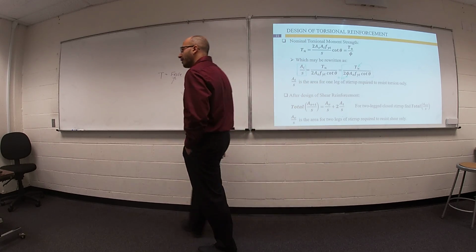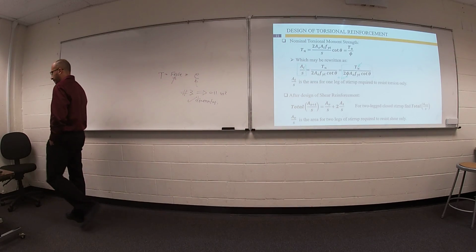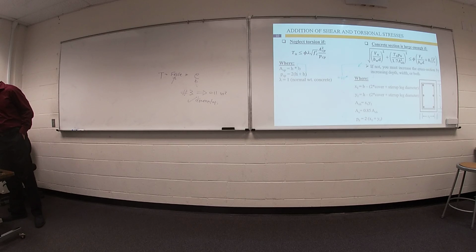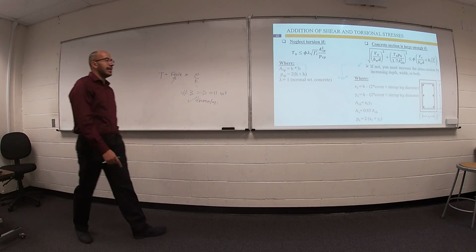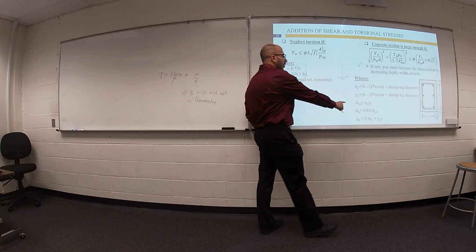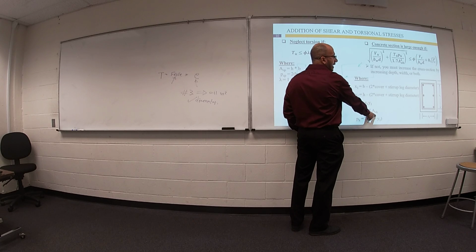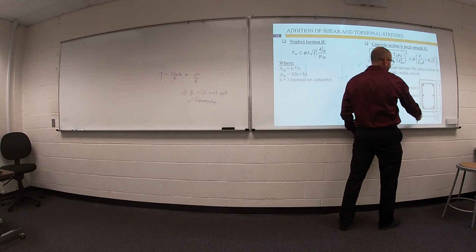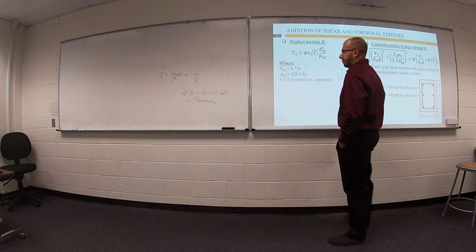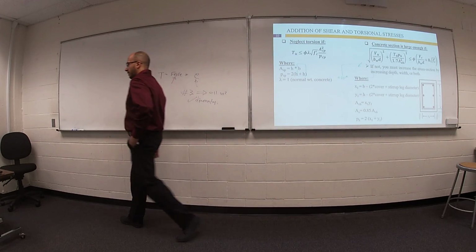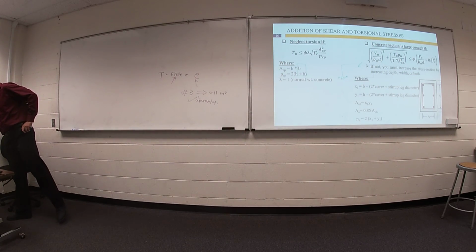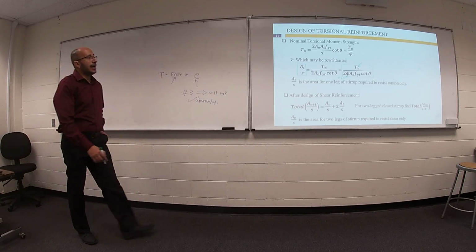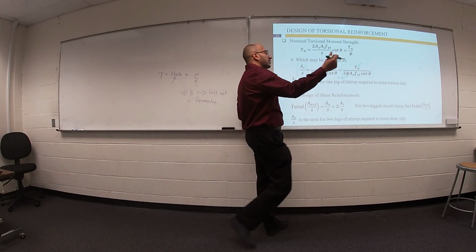A naught. Anybody remember what the value of A naught is? A naught is 0.85 from AOH, and the AOH is this area, x1 times y1. F yield, what is the type of steel?